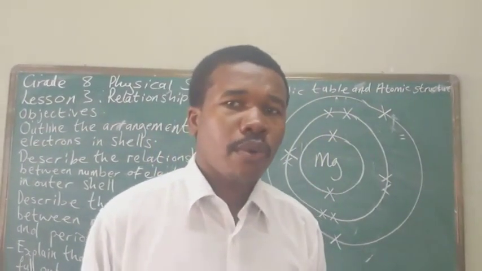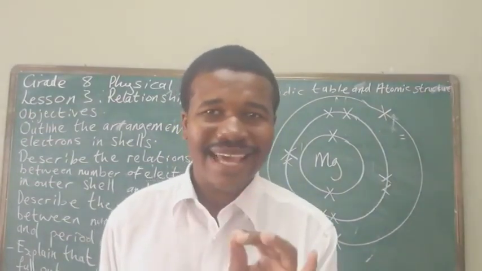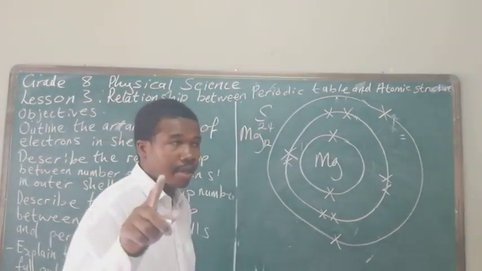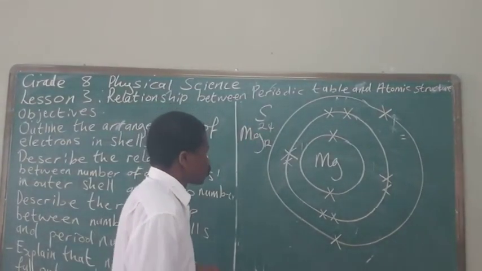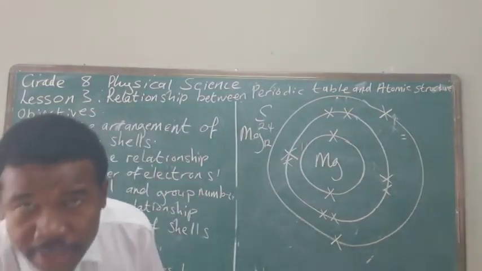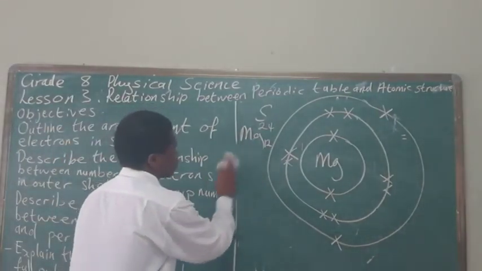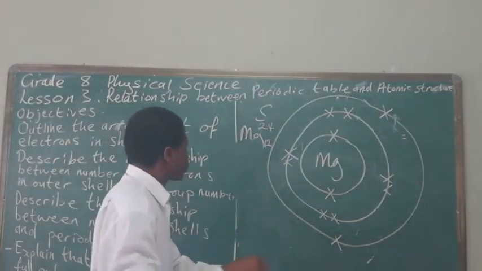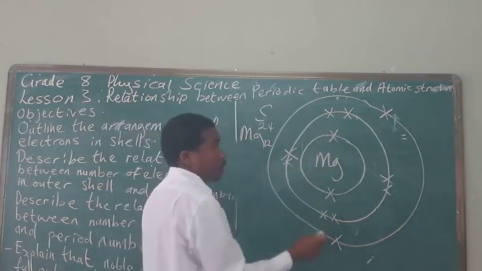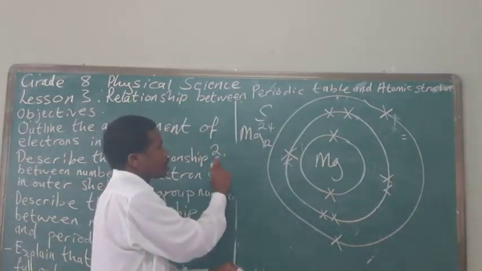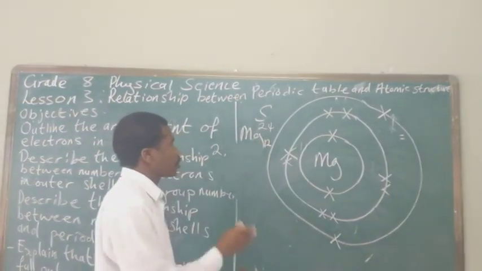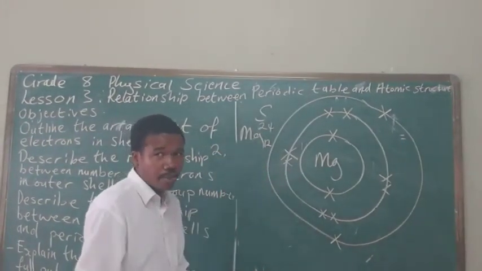Because magnesium has 12 electrons, let's write its electron configuration. You can get the electron configuration from the Bohr structure, or use it to draw your Bohr structure.